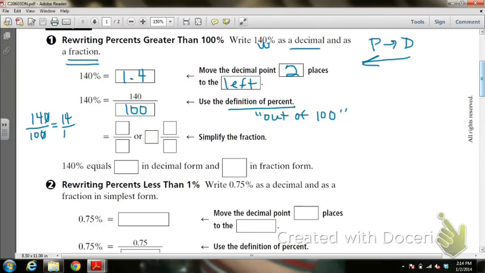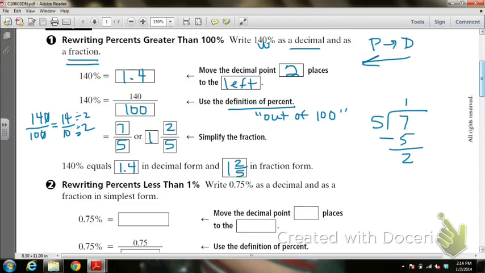So now I have 14 over 10, and I can divide each of those by 2, and I get 7 over 5, or 5 goes into 7 once with 2 out of 5 left over. So 140% equals 1.4 in decimal form and 1 2/5 in fraction form.